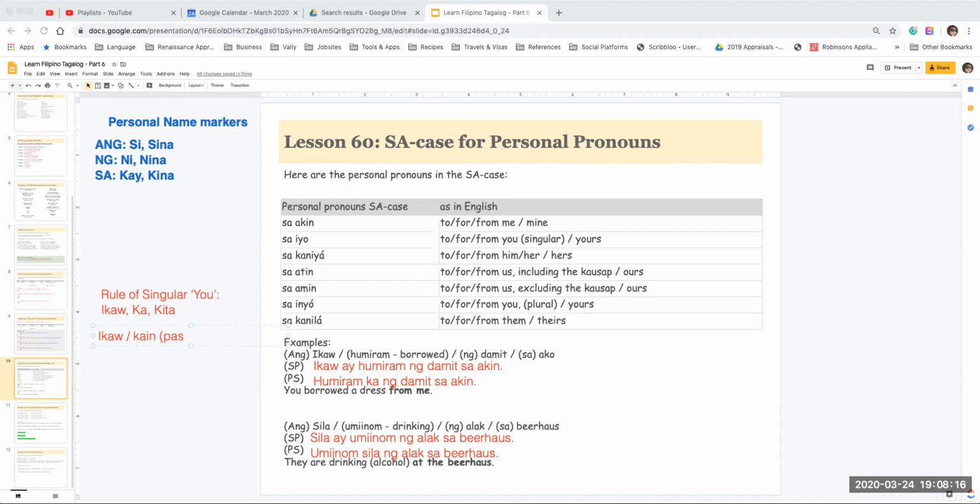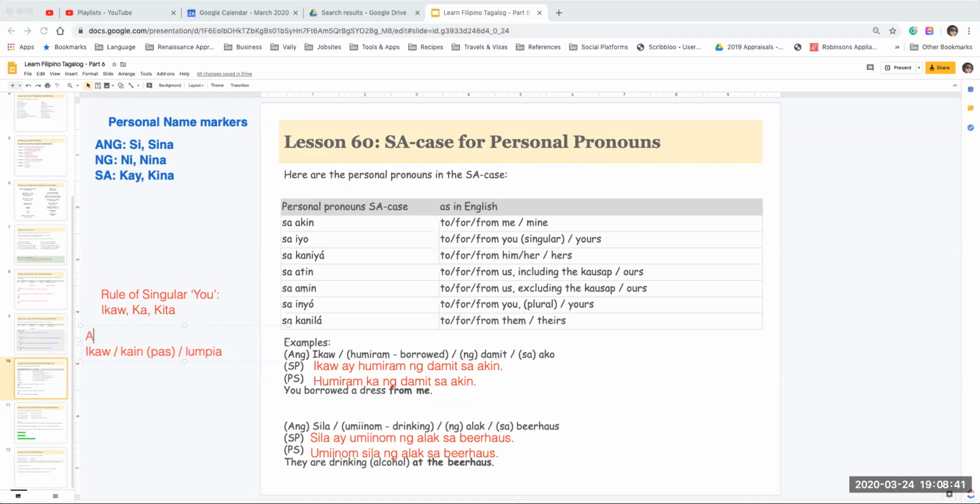And then we're going to say what the object is. What can we say? Lumpia. Have you tried lumpia? Yes. So that's the sentence.